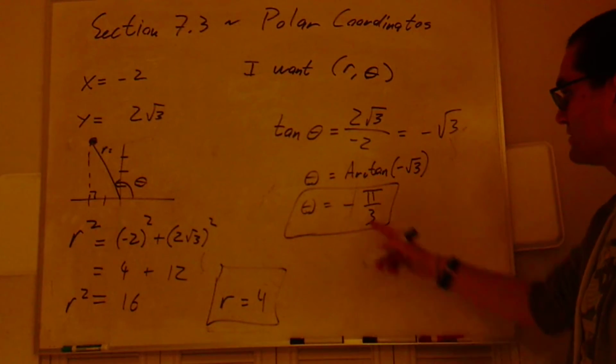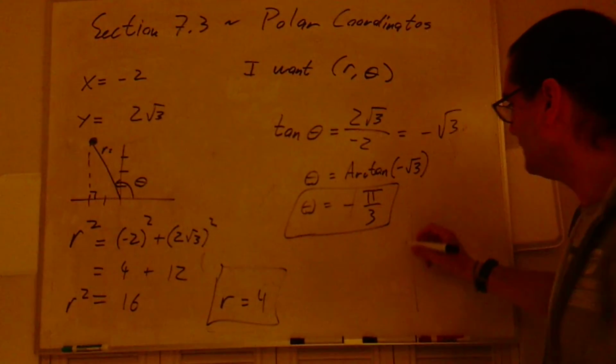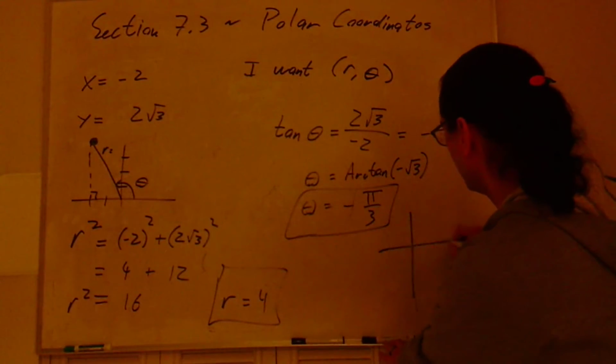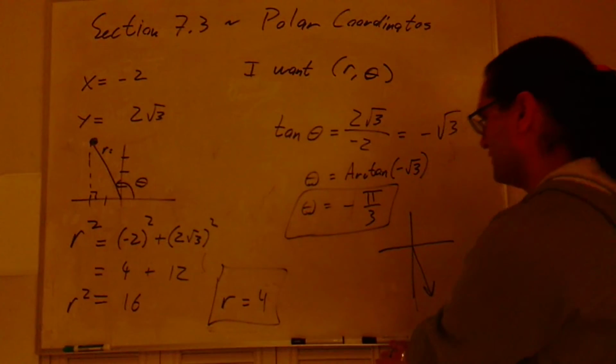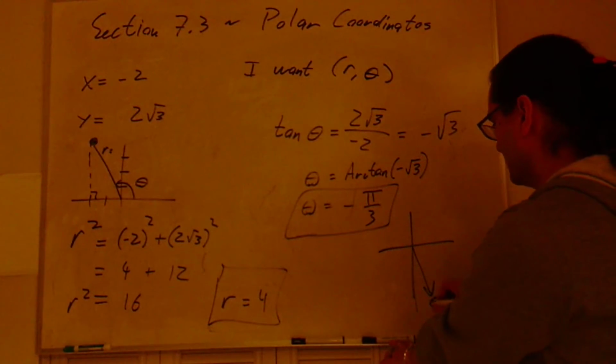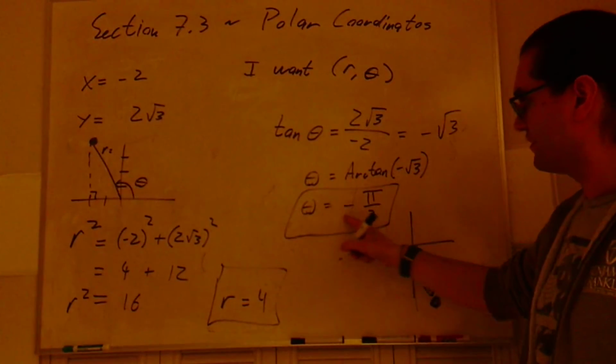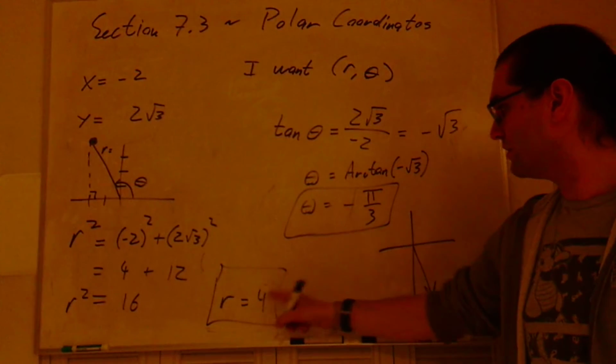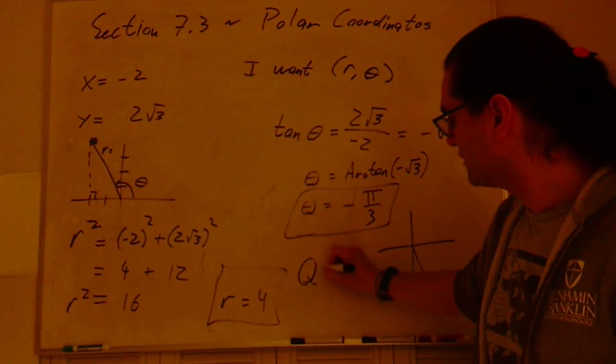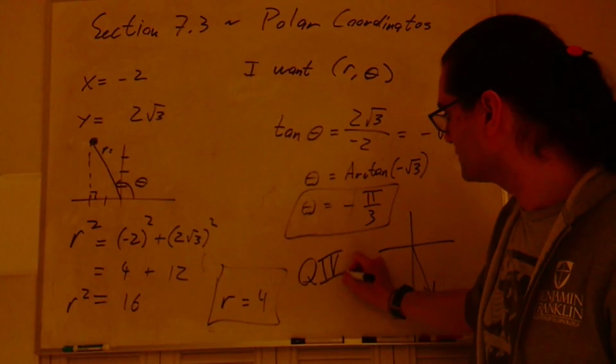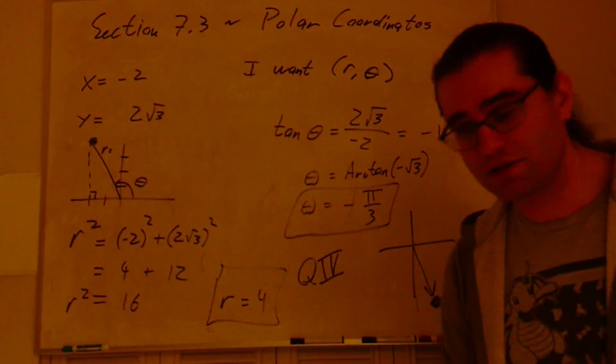Here's why it's incorrect. Negative pi over 3 is down here. If theta is negative pi over 3 and r is 4, this is a quadrant 4 point, which is not what I wanted.